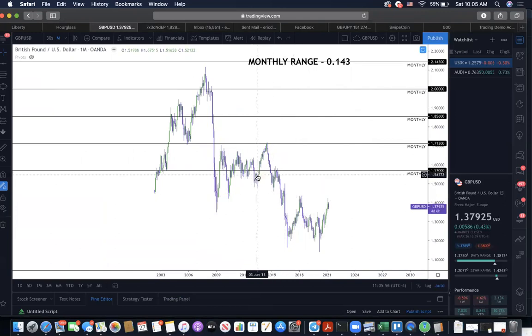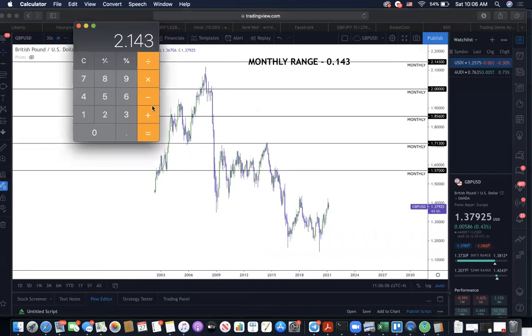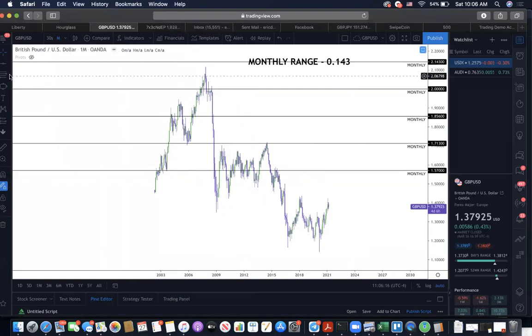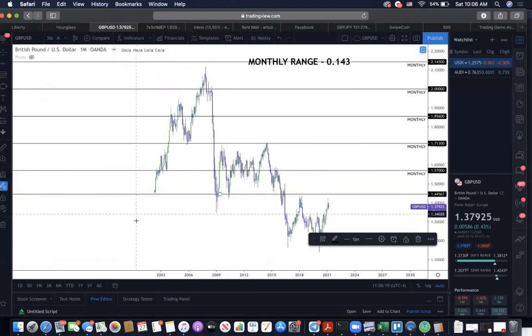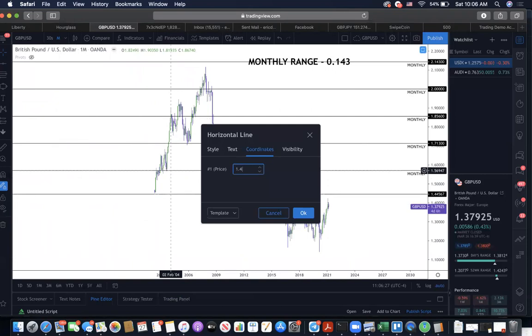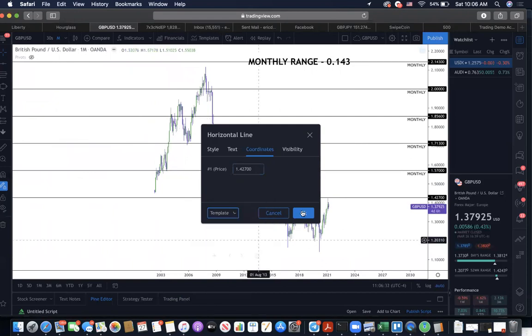The cool thing about this is once you have your areas of importance and your lines, you would never really have to mark this up again. All right. So 1.427. Monthly.